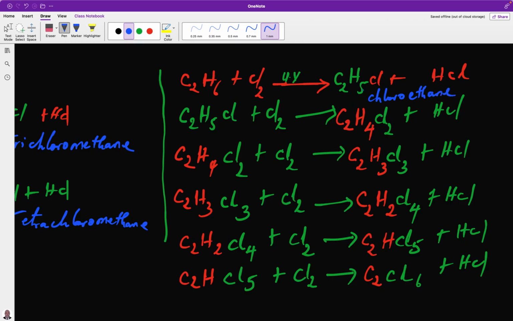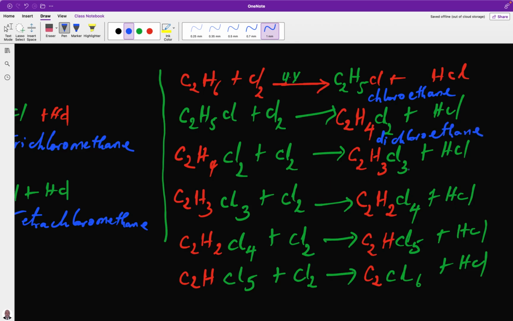Now, this chloroethane comes here and reacts with a molecule of chlorine to form C2H4Cl2 plus hydrogen chloride, and in that case we call this dichloroethane.